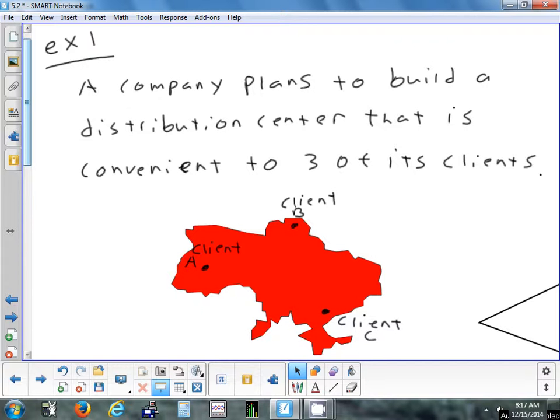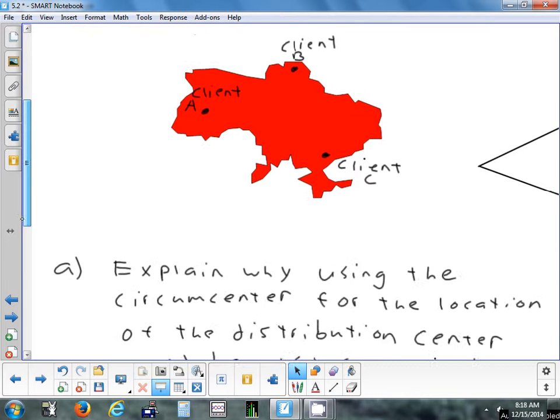Now, what we'll do in this diagram is assume all other things equal. Assume that the roads between all the distribution centers and clients are all in the same condition, so they don't have to travel at different speeds. Everybody could travel at the same speeds on the roads. So we won't assume anything complicated like that.